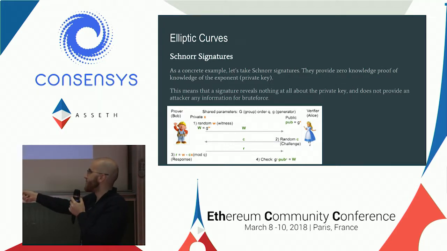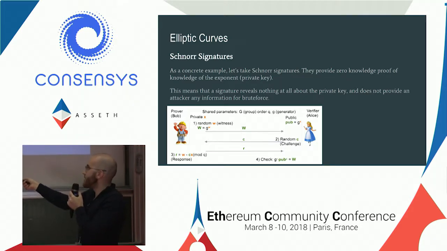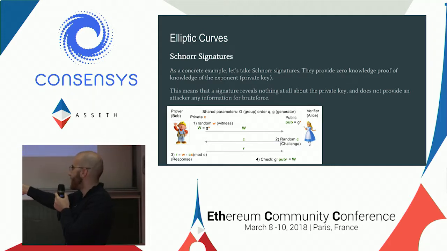Then to prove that I really do have x and I'm not just generating fake proofs, I take the exponent for the blinded value, the witness w, and I subtract c, the challenge, times x, modulo the field modulus, and I get the response r.